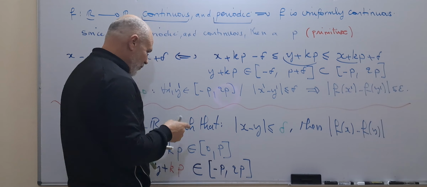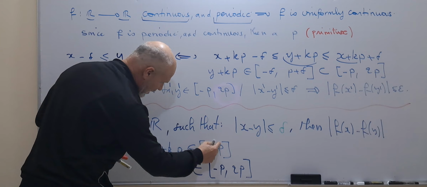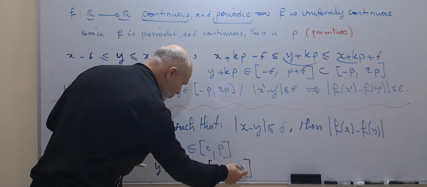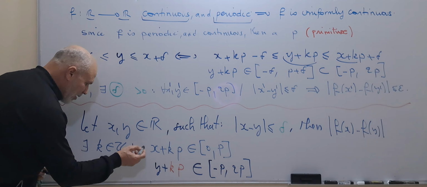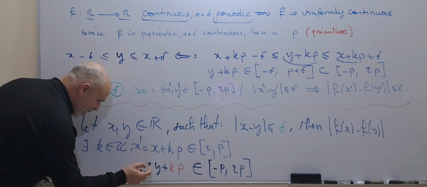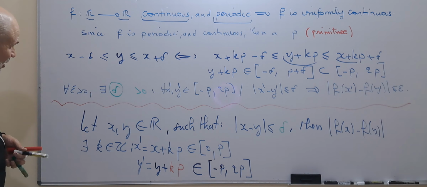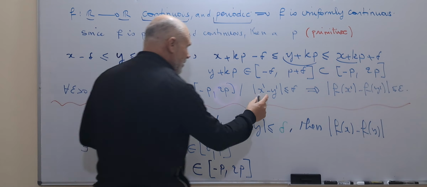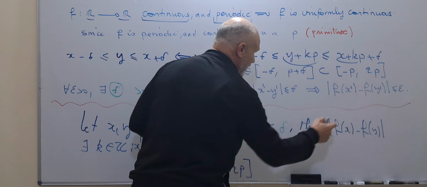What we have is that x plus kp belongs to [0, p] and y plus kp belongs to minus p to p. If we denote these two elements by x prime and y prime, we are within our rights. Why? Because x prime and y prime belong to minus p to p, and this means that |x prime minus y prime| is less than delta. This implies that this is true.